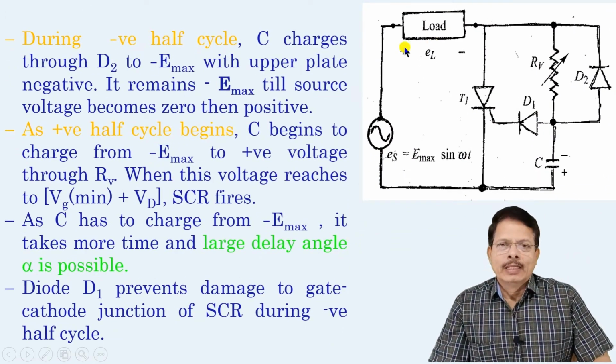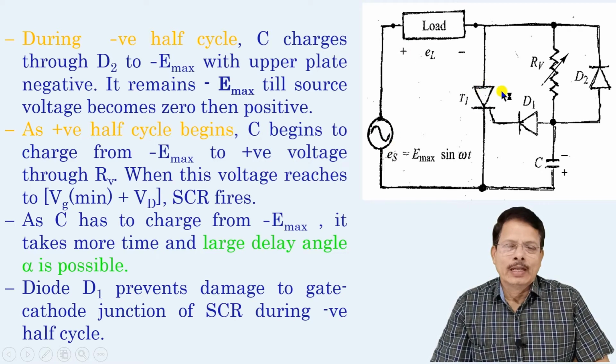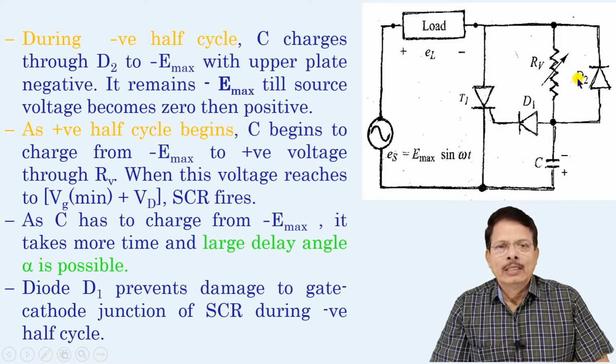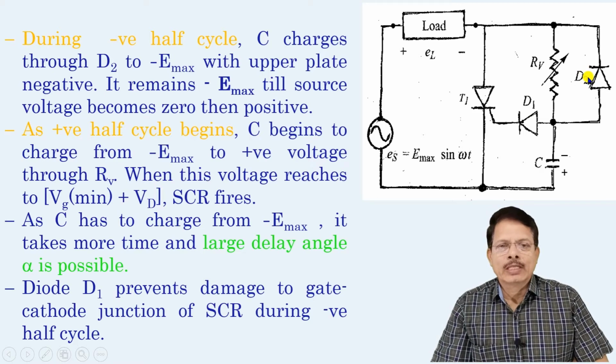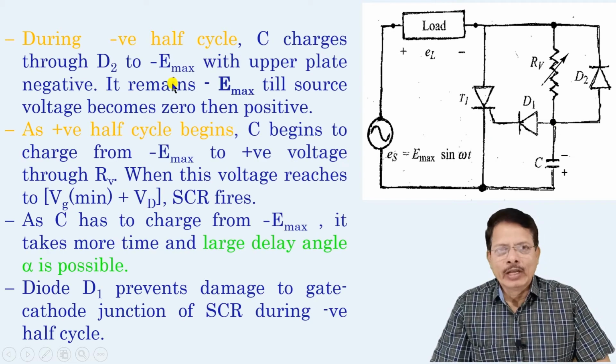Okay, let us see how we get this. Once again, I have copied this circuit here. This is the AC source, this is the load, this is the SCR, this is the diode D1 which prevents the gate current in the reverse half cycle, and this diode D2 is reverse connected. See how it works. Suppose that initially there is a negative half cycle.